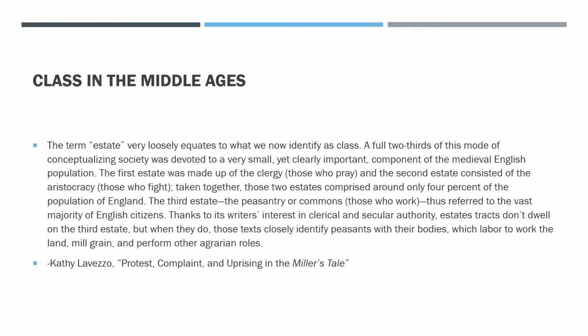And there's a huge disparity at this time because those first 2 estates, the clergy and the aristocrats, only make up about 4% of the population, which means that 96% of the population of England at this time is the common folk, the peasantry. Now, this is a little more complicated at Chaucer's time because the merchant class is rising up and gaining power and wealth, and also there's kind of a scholarly class developing through the university systems at Oxford and Cambridge, and Chaucer kind of finds himself involved in those 2 classes, right?